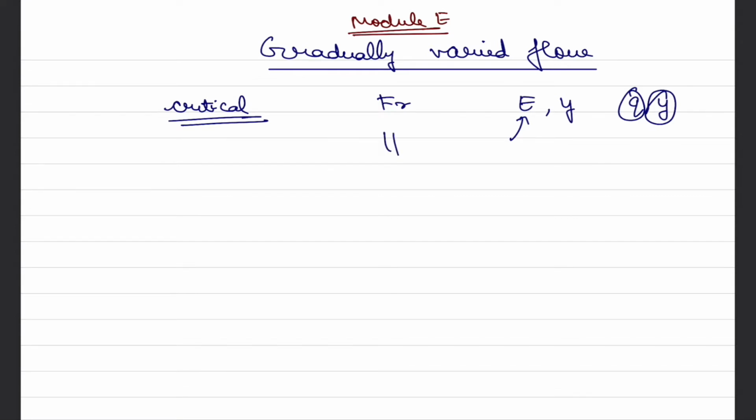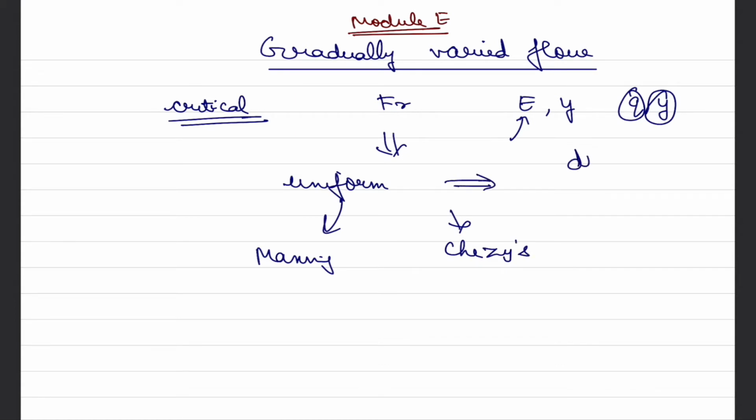Then after this, we had a quick discussion on uniform flow, the governing equations of uniform flow, where we talked about Manning's equation and Chezy's equation. As the name suggests, in uniform flow, the rate of change of depth of water with respect to x, as we move horizontally, is equal to 0.